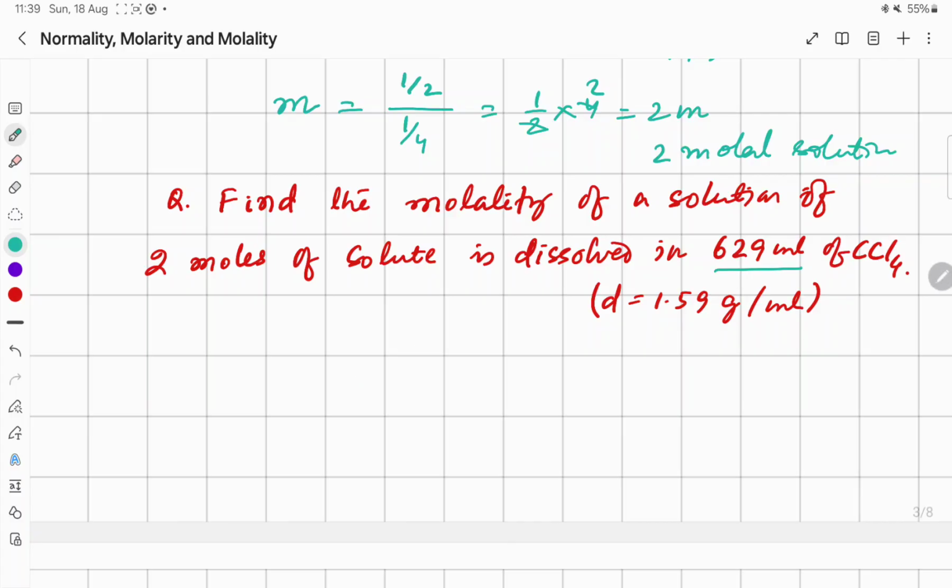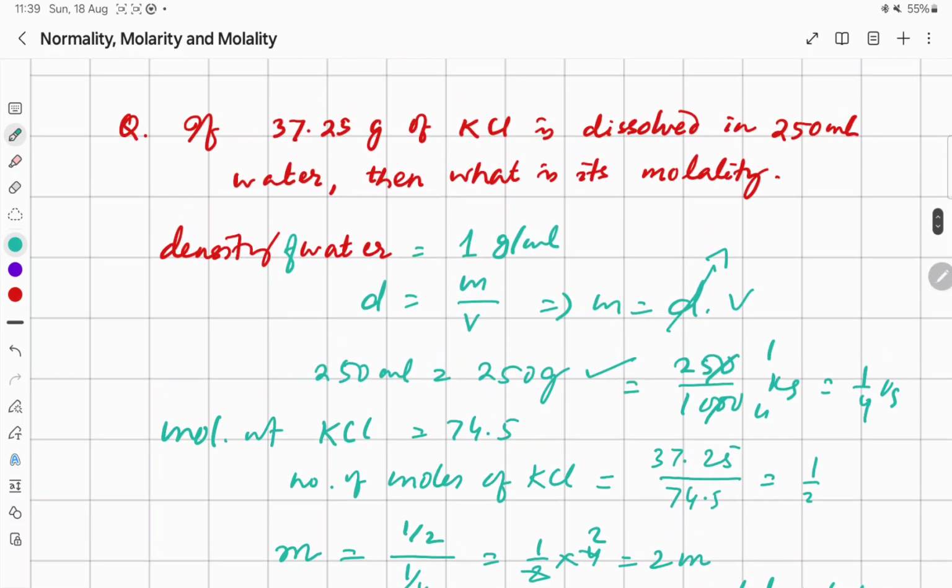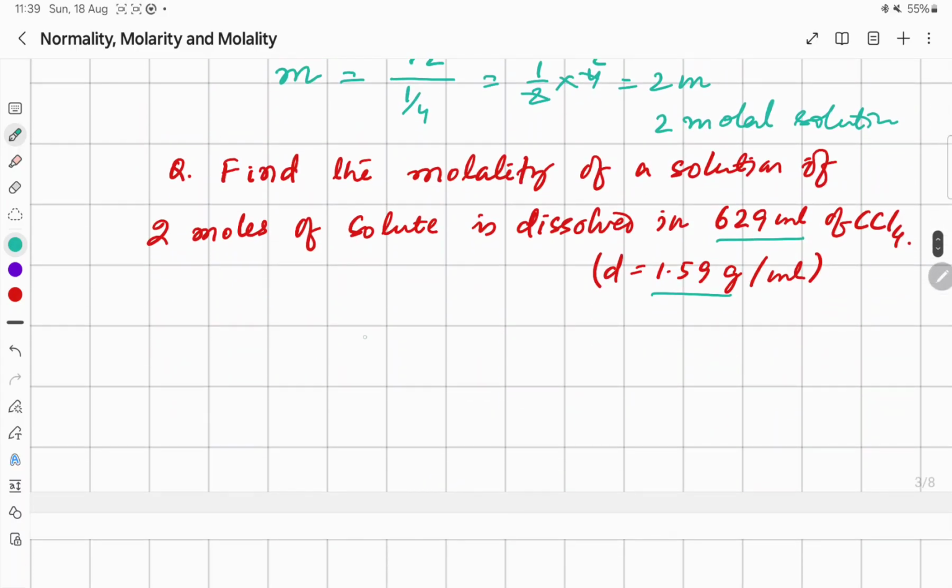So density we know, and we have just discussed that mass is equal to density into volume. So here mass is equal to density into volume, that is 629 into 1.59, where 1.59 is the density. So it is almost 1000 gram or 1 kg.